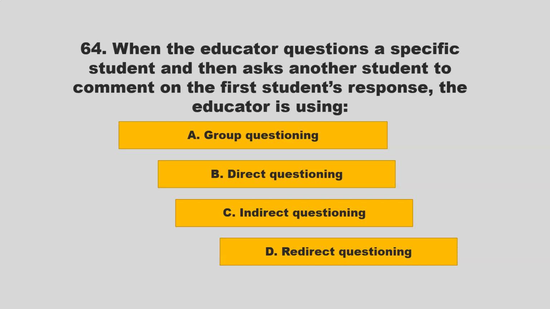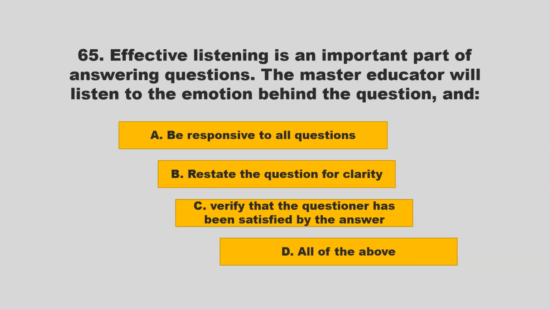When the educator questions a specific student and then asks another student to comment on the first student's response, the educator is using group questioning, direct questioning, indirect questioning, redirect questioning. If you chose D, redirect questioning, you are correct.